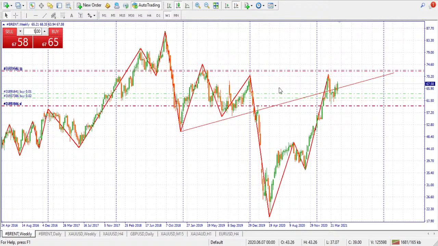Maybe I start off by entering a smaller lot size like 0.01 or 0.02. If the price goes against me by a given number of pips, then I add another 0.02. And if the price hits the stop loss before I can add another one, then I've saved the remaining lots. It's a strategy on its own.